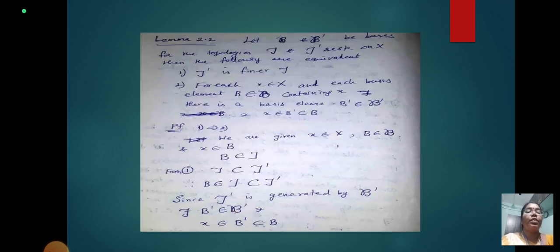Since tau dash is generated by script B dash, there exists B dash belongs to script B dash such that by the definition we can write x belongs to B dash subset of B. From this relation, we proved that 1 implies 2, which means we take tau dash is finer than tau and we prove x belongs to B dash subset of B.